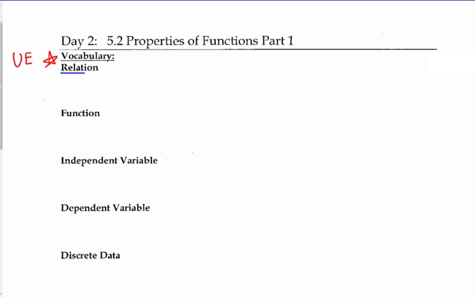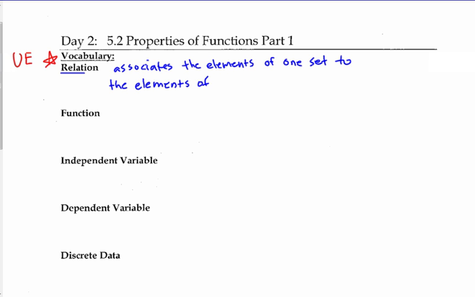So the relation associates the elements of one set to the elements of another set. So it's the connection between two things, some sort of connection between two sets of numbers.